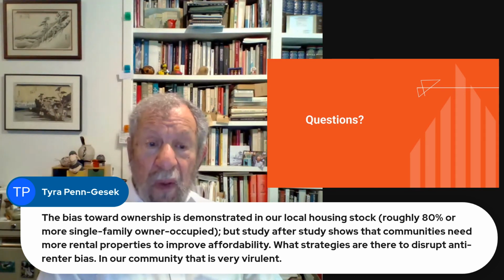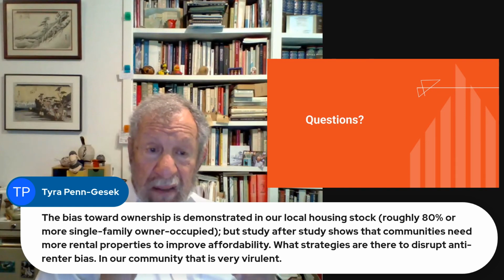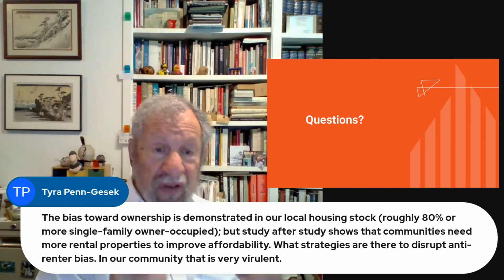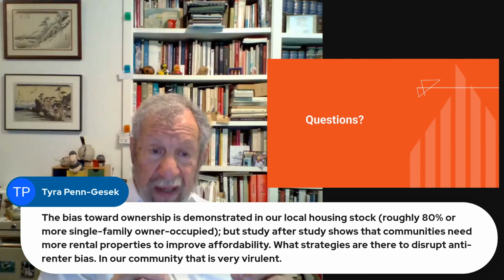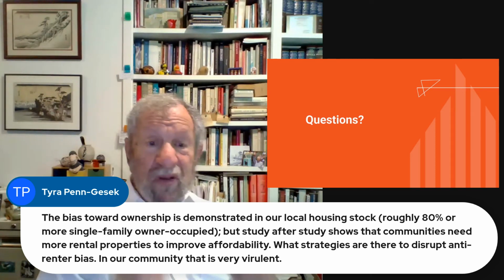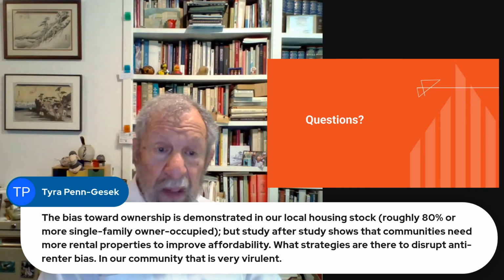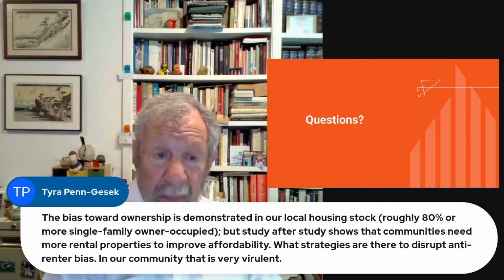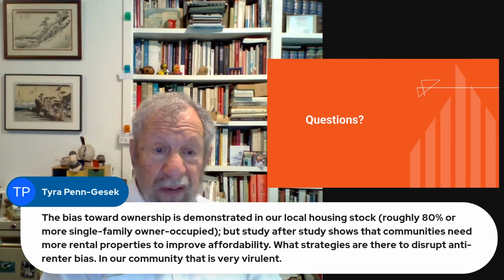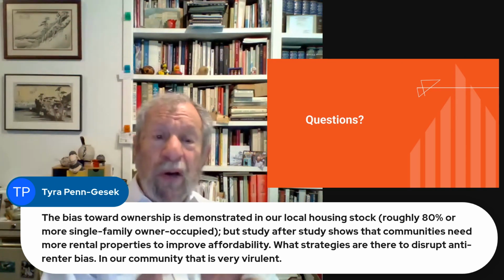That said, you need a decent, solid percentage of rental housing, and you want that housing to be well maintained and cared for. So finding the balance is very, very difficult. And I think you have to walk the tightrope.